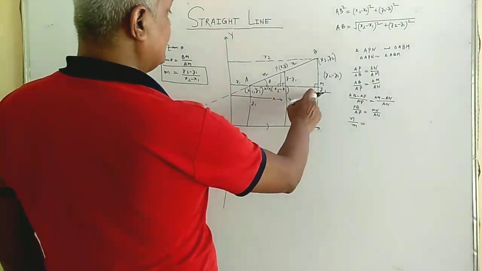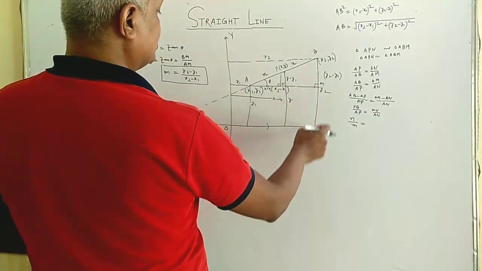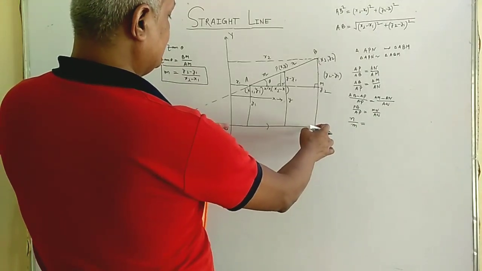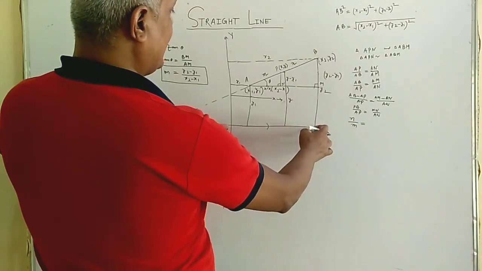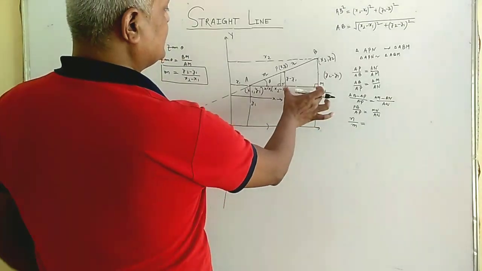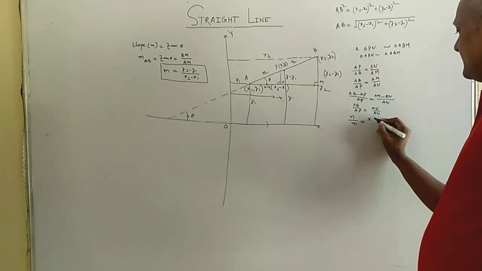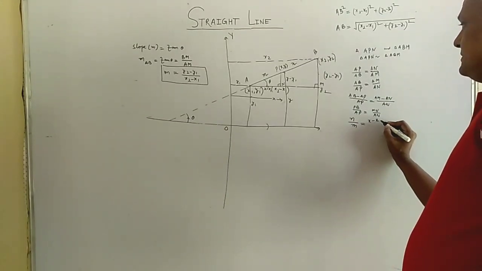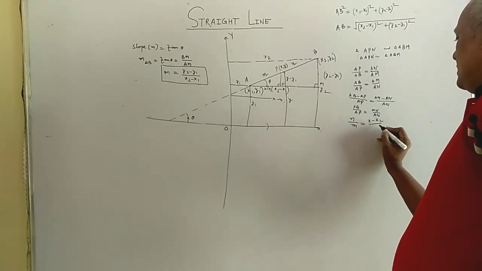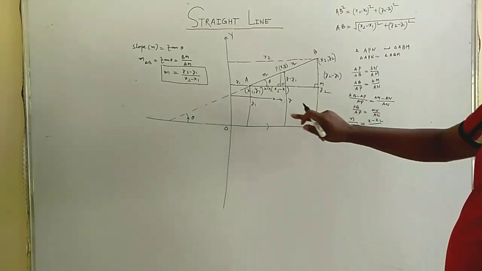What is MN? MN is this distance. This distance is x2 and this distance is x, so this is x minus x2. So what I'll get is x minus x2 upon AN.